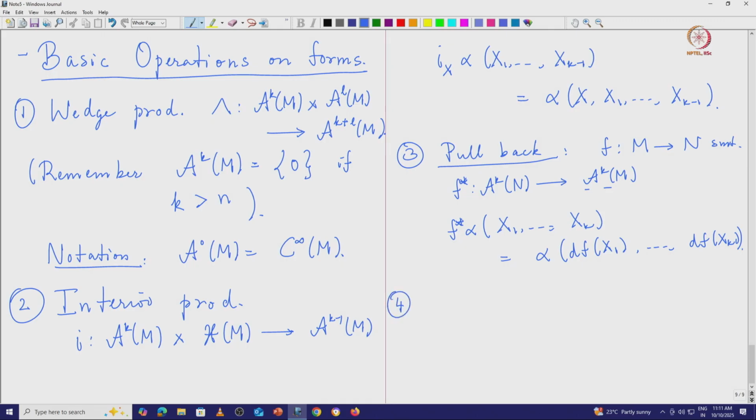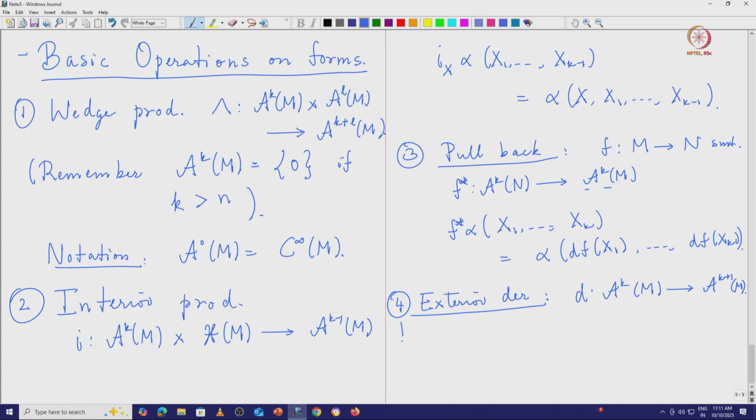And finally, we have the exterior derivative. So this pushes the degree up by 1. Okay.